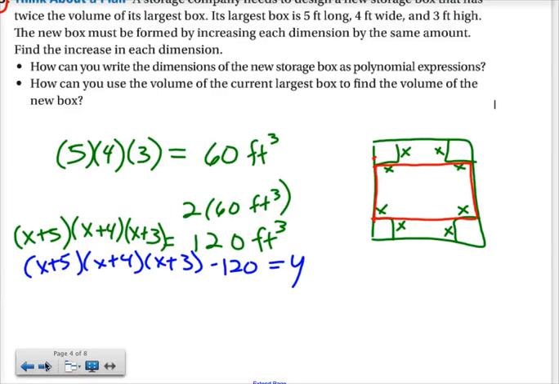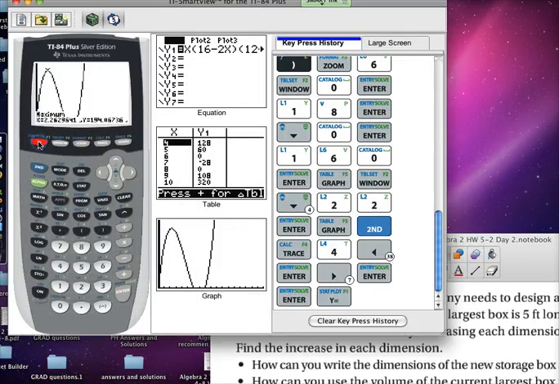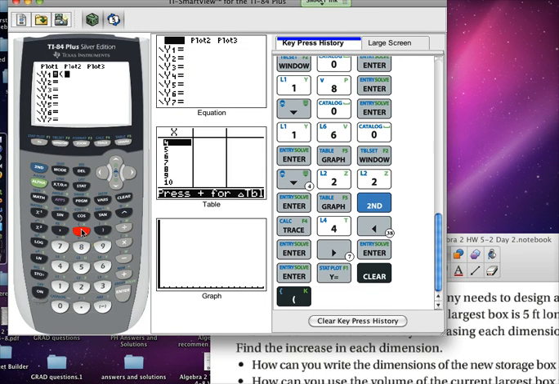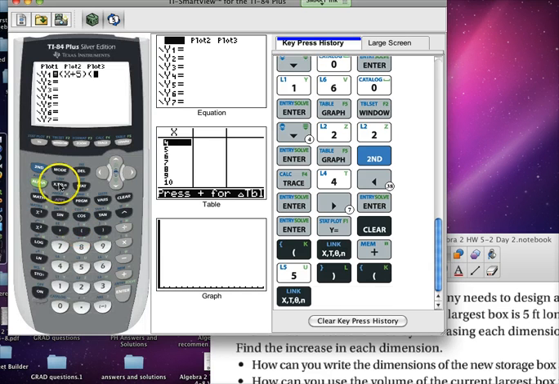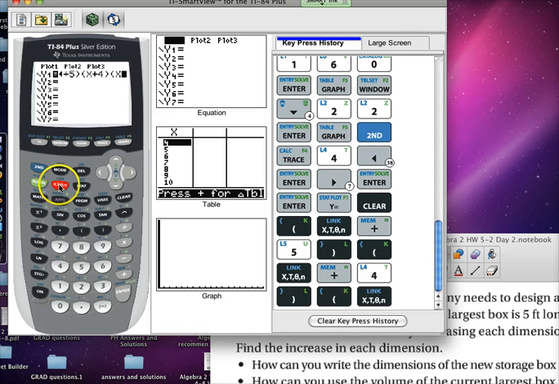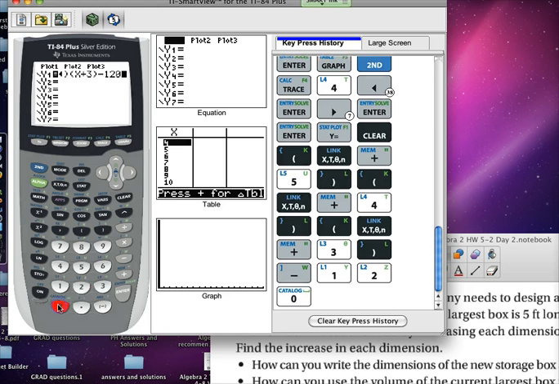And I'll go ahead and punch this one in for you. So we go back into the y equals on our calculator, and we had x plus 5, x plus 4, and x plus 3. And then we had to subtract 120.